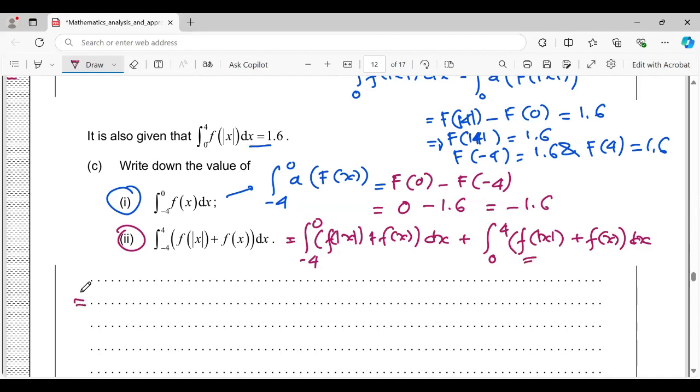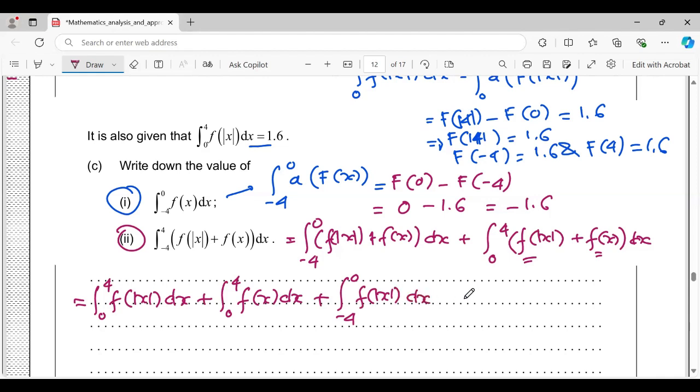So it becomes this integral, the integral from 0 to 4 dx, plus the integral from 0 to 4 of this one, plus this one, the integral from minus 4 to 0 dx, and this one from minus 4 to 0 of this expression.